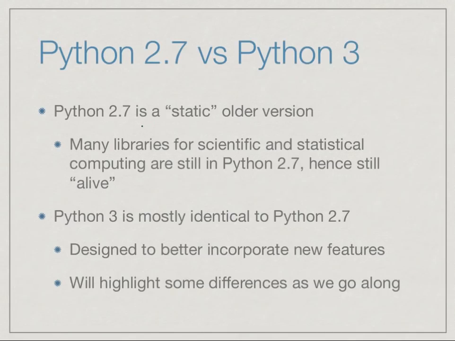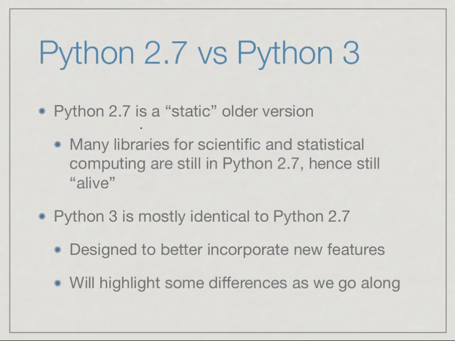So what is the difference between these two versions? Well, Python began with a few features and it kept developing into a more versatile programming language. So Python went through many iterations, and Python 2.7 was a version that was reached when the developers of Python decided that they should kind of make a clean start, and some of the new features which had been added in a kind of ad hoc way onto the language should be integrated in a better way, which makes it a more robust programming language.